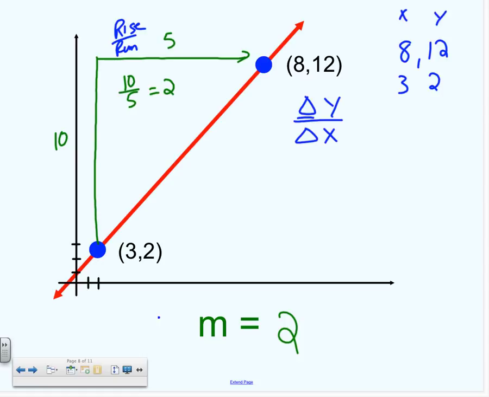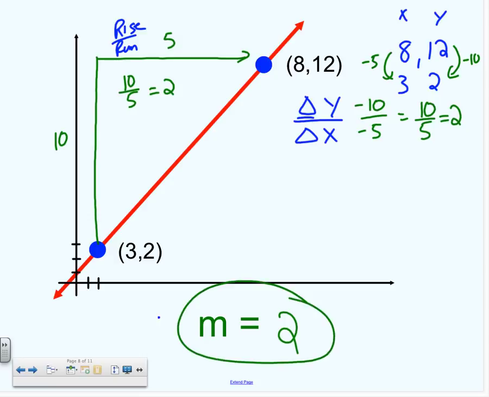So what is my change in y? Well, I've changed from 12 to 2, which would be negative 10, and from 8 to 3, which would be negative 5. So my change in y is negative 10, and my change in x is negative 5. But remember, a negative divided by a negative is positive, so this equals 10 over 5, which equals 2, which is the same thing we got doing the other way. So our slope from the 2 points is 2.